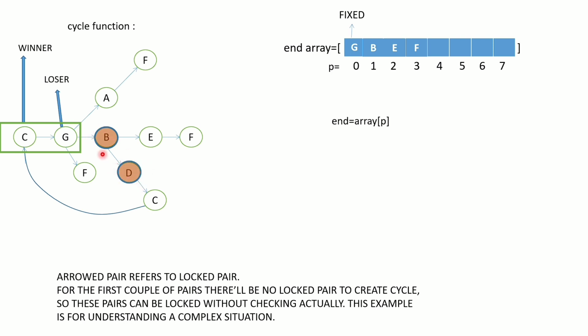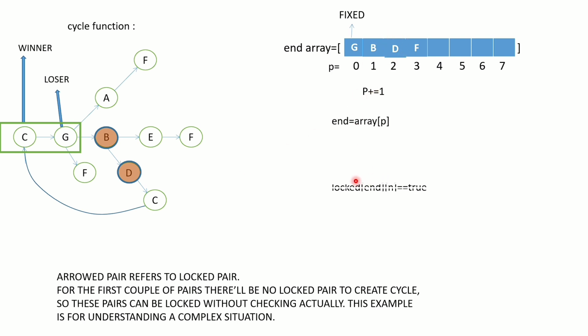Now we have found a candidate D. B is winning over D and the pair is locked. So locked[B][D] is true. We have to increase the value of p by 1 and put D here because the value of p is 2 and array[p] is equal to D. We have to assign the value here.